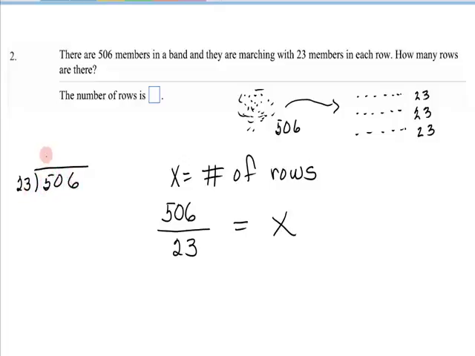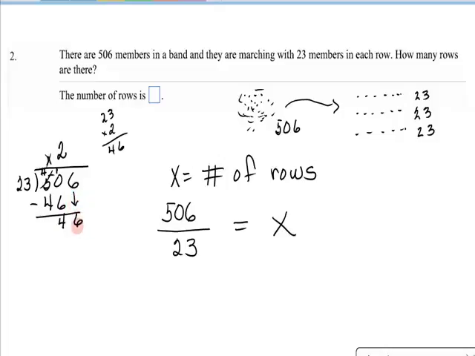So now if I do that division, 23 does not go into 5, so nothing in the first position, but it does go into 50. Well, how many times? How about 2? 2 times 23 is 46. Subtract, and I can't subtract, so I have to borrow. 6 from 10 is 4. Nothing there.